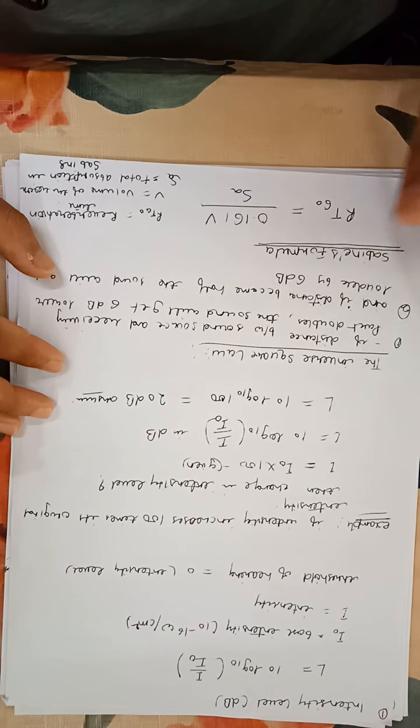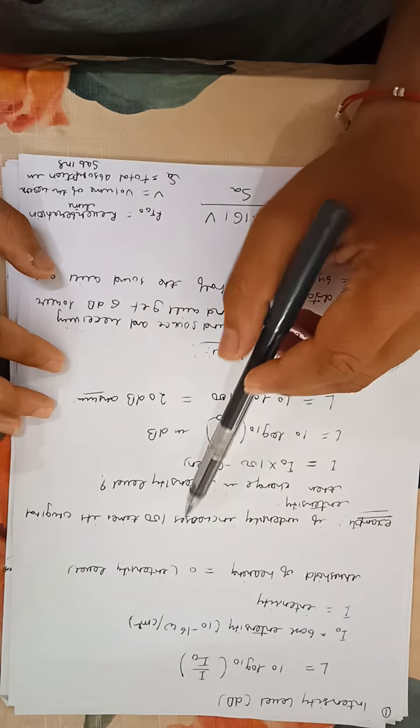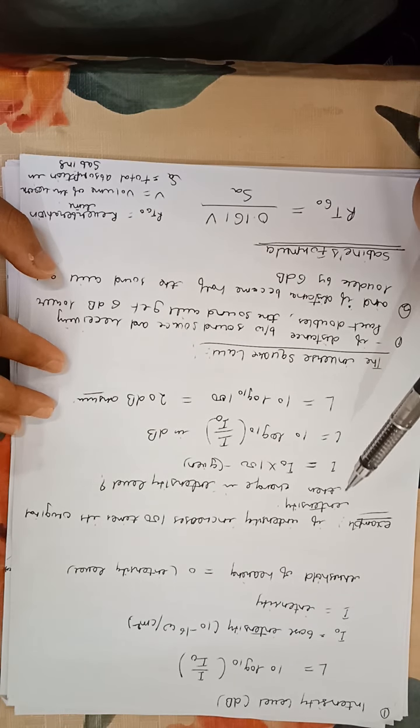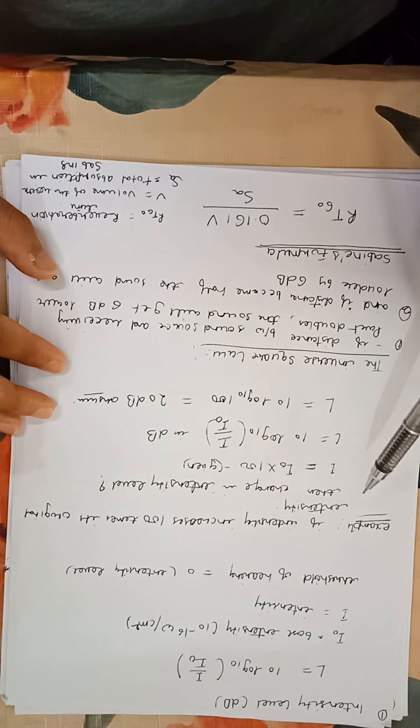If we take an example, if intensity increases 100 times its original intensity, then what is the change in intensity level? This type of question was asked in a previous GATE exam.